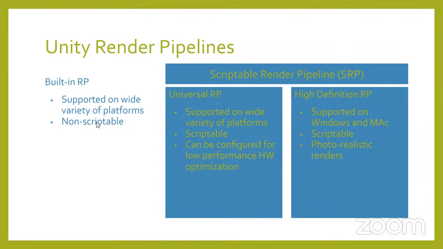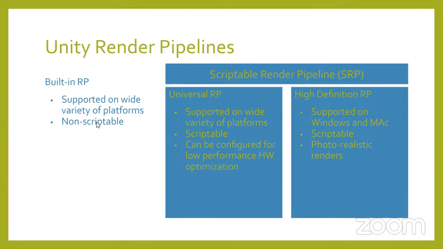Built-in render pipelines are supported on a wide variety of platforms such as Android, iOS, Windows, Mac, but it is considered, quote unquote, outdated by a lot of game developers because the built-in pipeline is not scriptable.